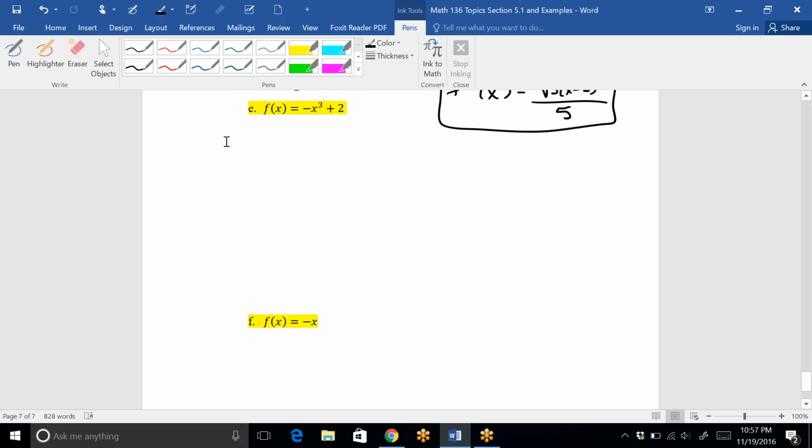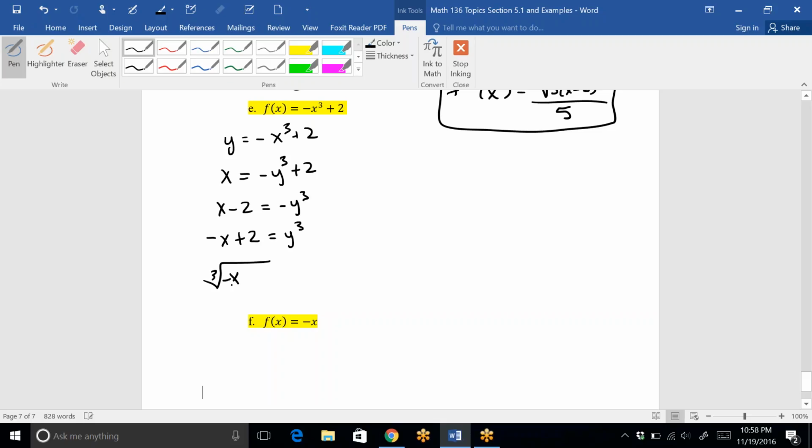Okay, looking at the next one, we have a cubed function. So y equals negative x cubed plus 2. We would swap the x's and the y's. Try to resolve for y. Divide that negative out, so negative x plus 2. Take the cubed root.